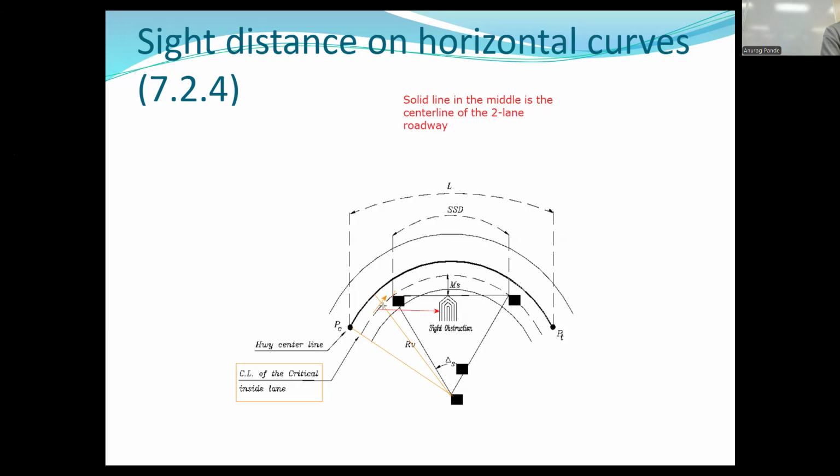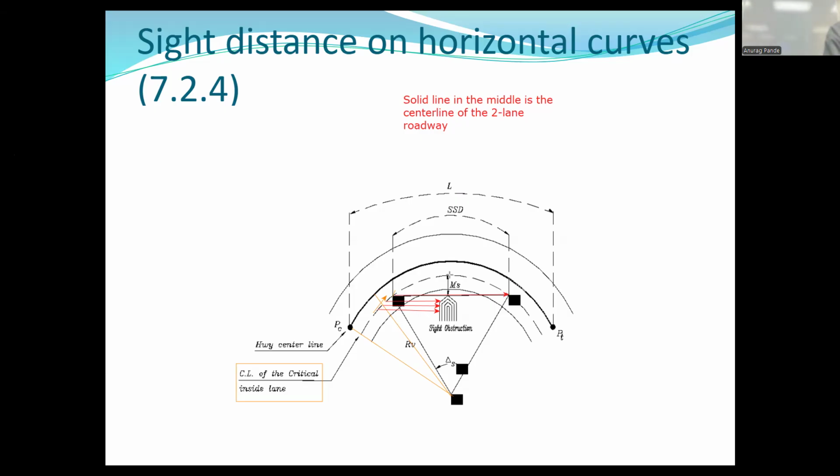If they were here, it will still get blocked by the sight obstruction. Once they hit this point, then for the first time, they can locate what's happening around the bend.